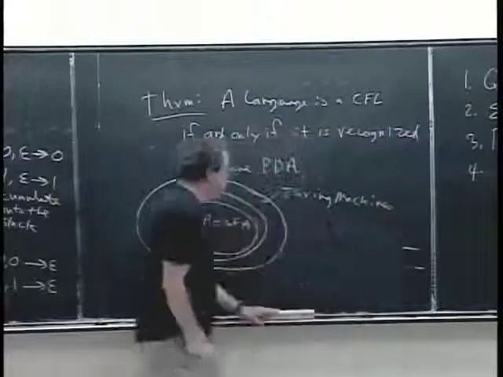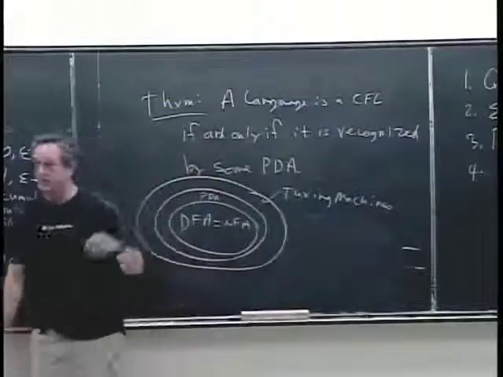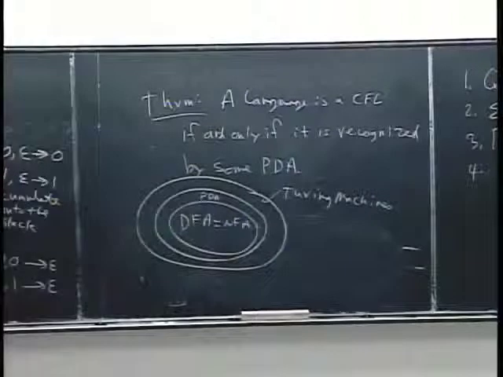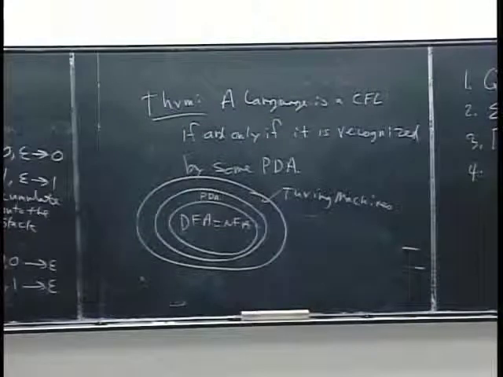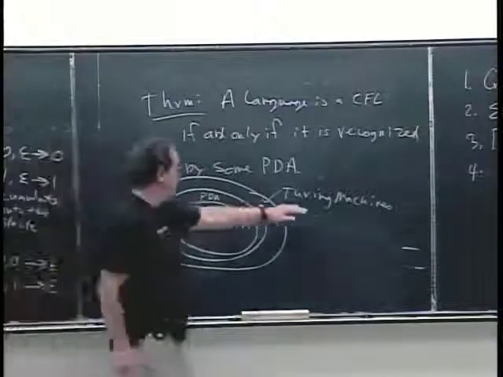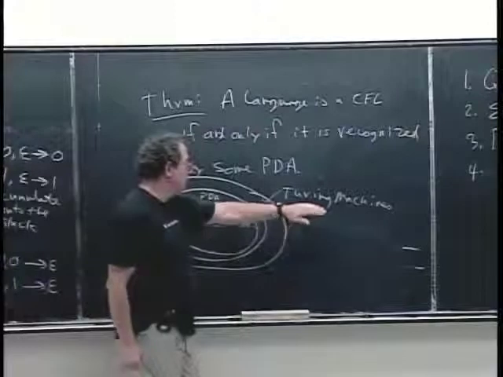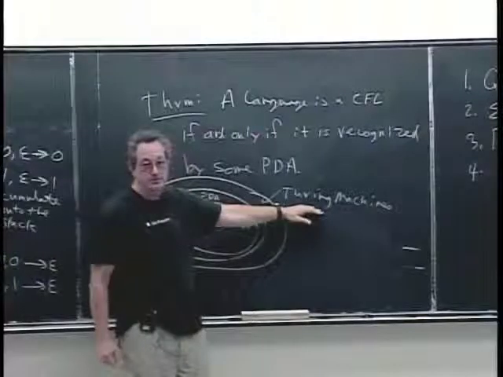So the next chapter, what I was hoping was going to be the main topic of today, but we'll make it the main topic of Thursday, is jumping all the way to the most powerful machines, which are Turing machines.